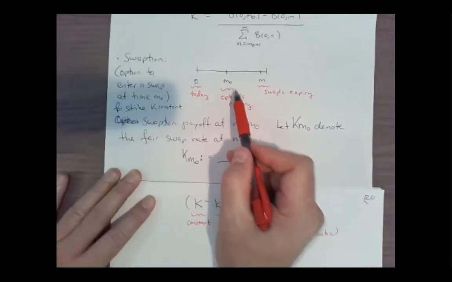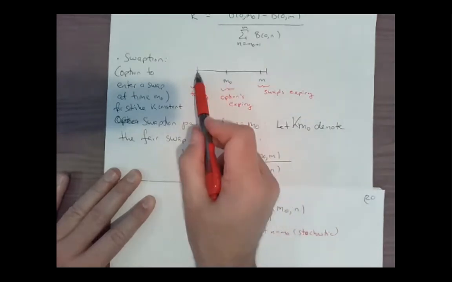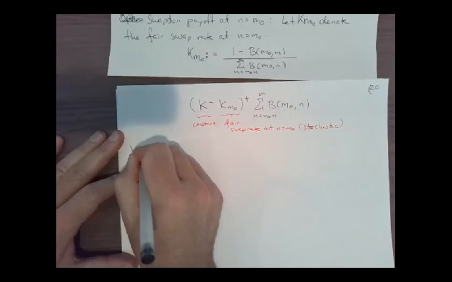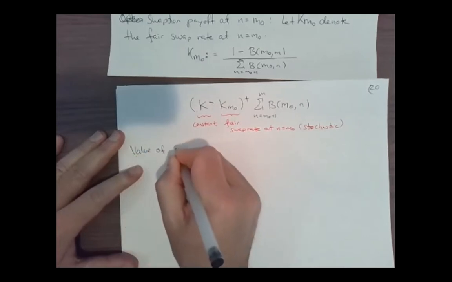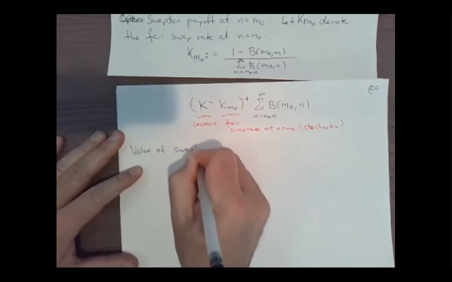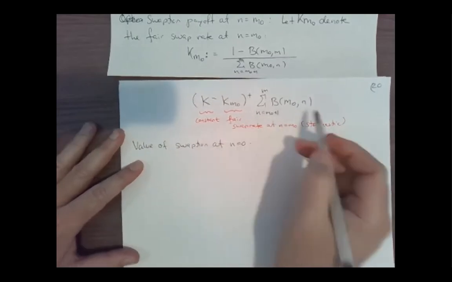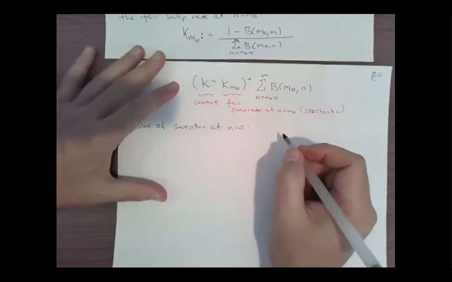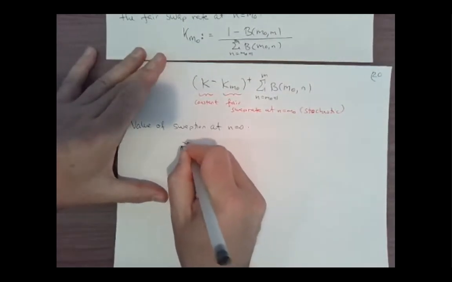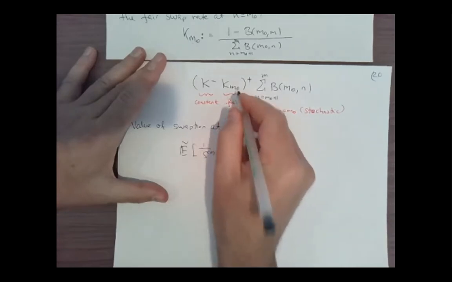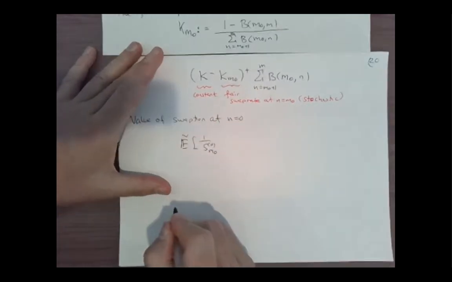Now we want to take this payoff and move it back to time zero, and we do that by discounting. So the value of the swaption at time zero: we discount the payoff and compute the risk neutral expectation. The payoff is coming at time m0, so we discount it back from time m0.